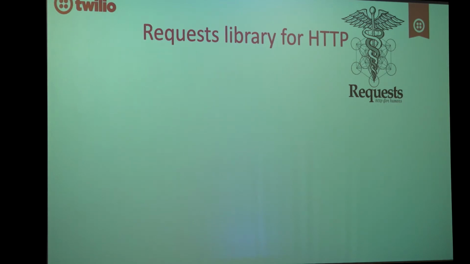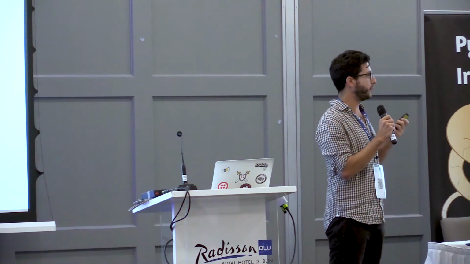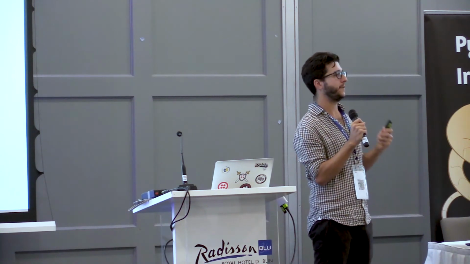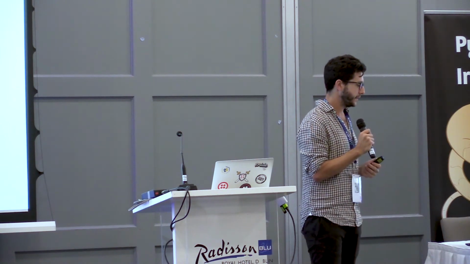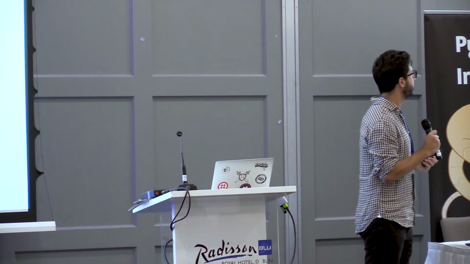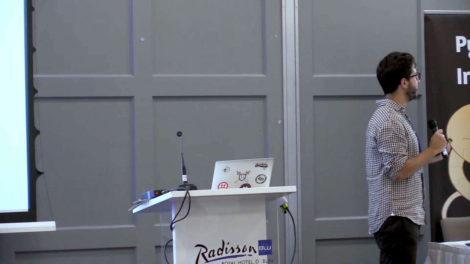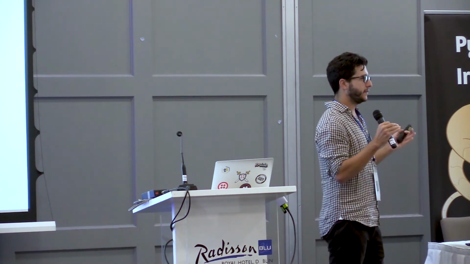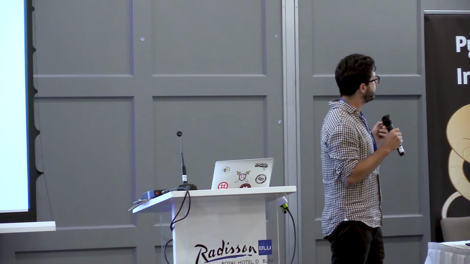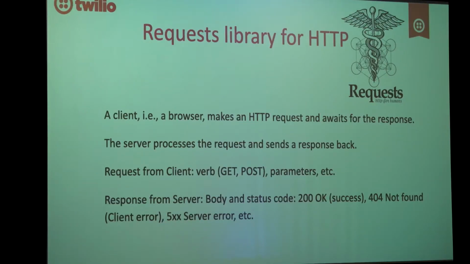So for the Programmable SMS API, I was using this API with phrases. And how do you manage this from Python? You can use the requests library, which is really nice. It's very intuitive. The way this works is basic HTTP.